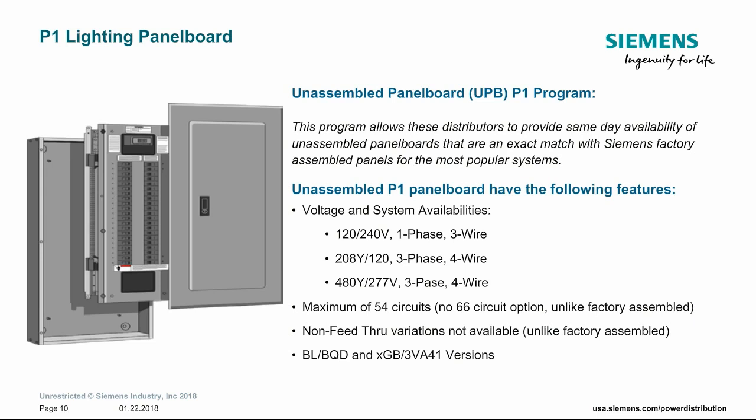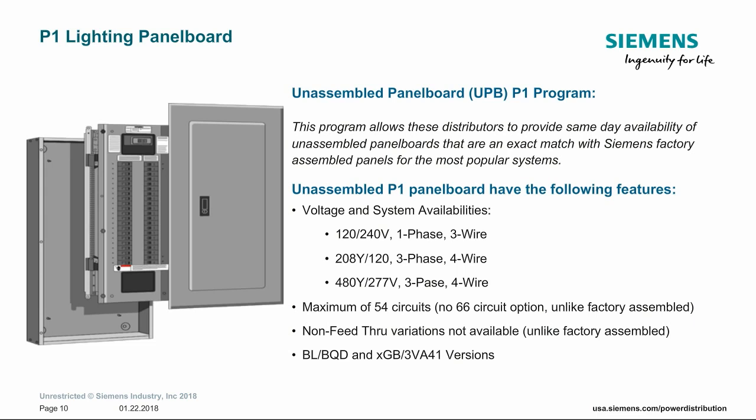This program allows any distributors that take part in it to provide same-day availability of unassembled panel boards that are an exact match with Siemens factory-assembled panels for at least our most popular systems. This means that customers won't have all the customizable features that you would typically get out of a factory-assembled panel board, but they are extremely available and on hand at distributors, which is a big benefit for our customers.